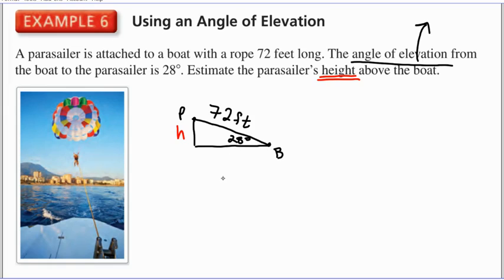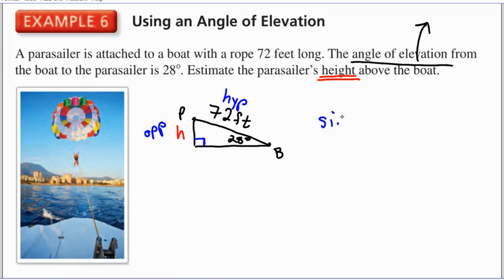Now, if we use our 28-degree angle as our reference angle, this h is actually the side opposite, and this 72 feet, well, I can see that this is a right angle, so that makes the 72 feet the longest side across from the right angle, the hypotenuse. Okay, and now I'm going to go to my trig ratio that uses opposite and hypotenuse.